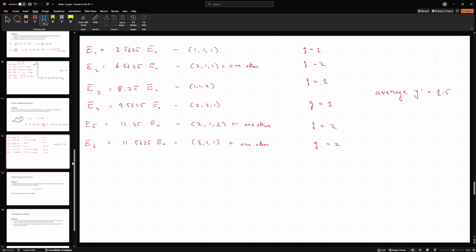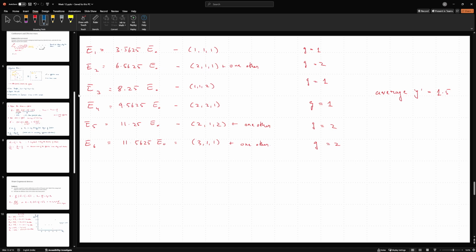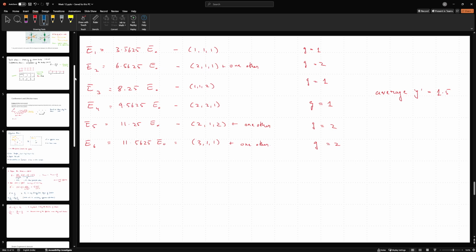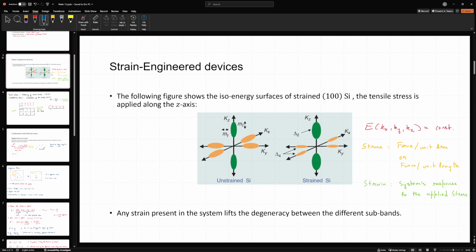Now, what actual impact does this have? Now, for that, I will have to draw a small diagram, or rather, I will go back to the figure here. Or you know what? I will just copy paste this thing here.